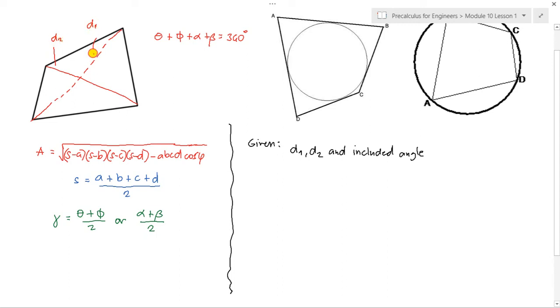So again, this is d1, and this is d2. The included angle I mean is this angle theta.